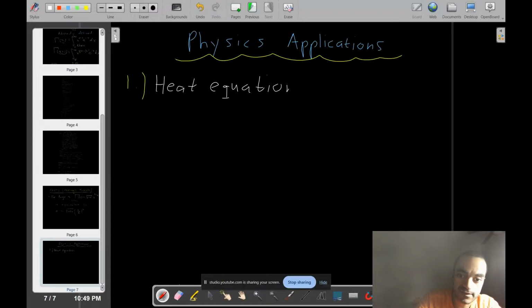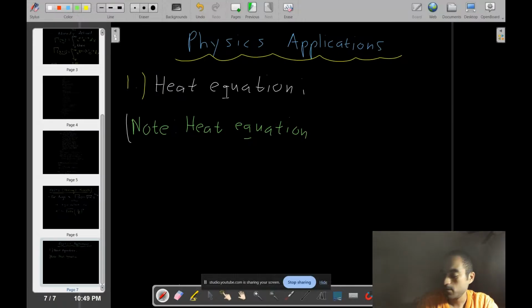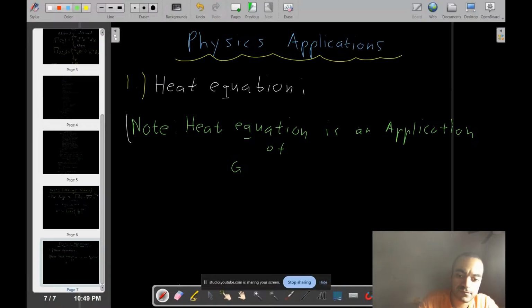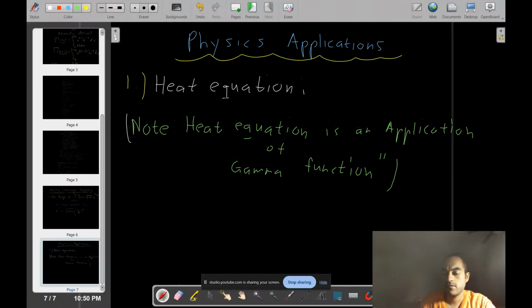So the heat equation is an application of the gamma function.